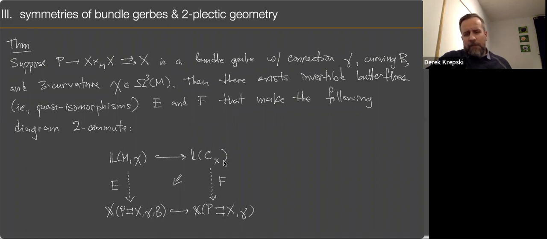Similarly, this Courant Lie 2-algebra is quasi-isomorphic to those multiplicative vector fields that preserve only the connection. And these quasi-isomorphisms are compatible with Rogers' embedding, okay? So we can view that embedding as the natural inclusion of the Lie 2-algebra of multiplicative vector fields preserving both connection and curving into the same thing, but not necessarily preserving the curving.